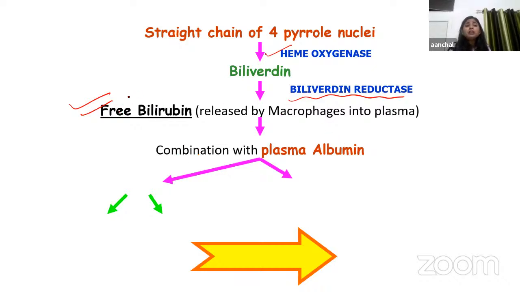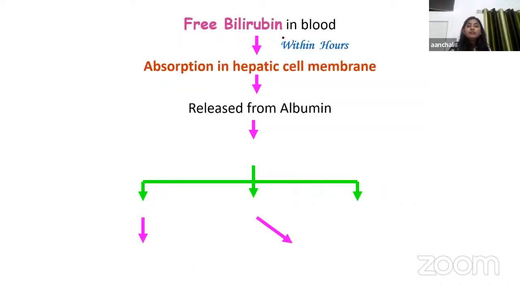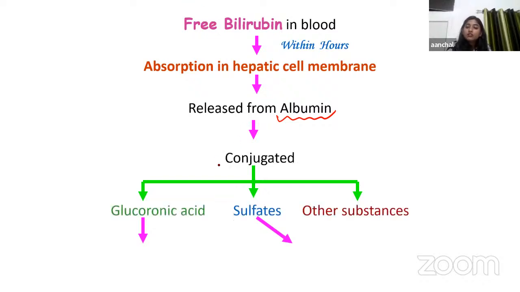This free bilirubin, which is unconjugated till now, enters the liver. So in the liver, what will happen? Within a few hours, this free bilirubin is absorbed into the hepatic cell membrane and released from albumin. The albumin gets unbound from this free bilirubin, and the conjugation will start.